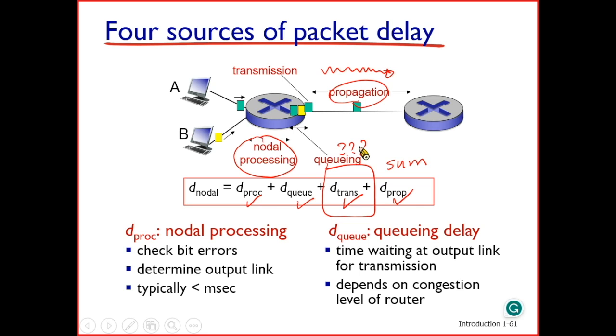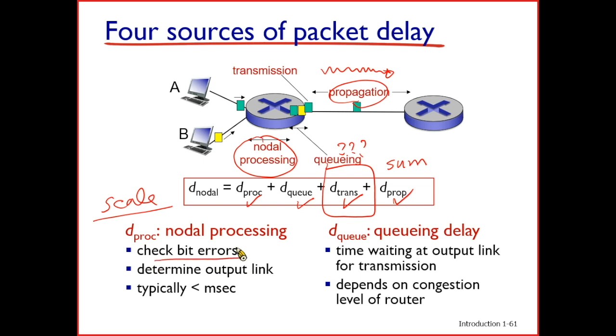If we have these, let us consider the scale of the four types of delay. Processing delay: what kind of tasks need to be performed by the router?